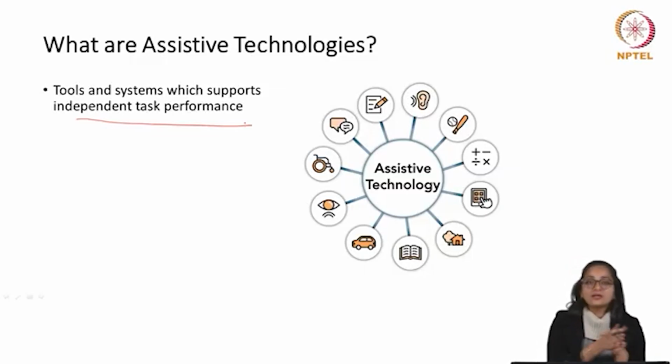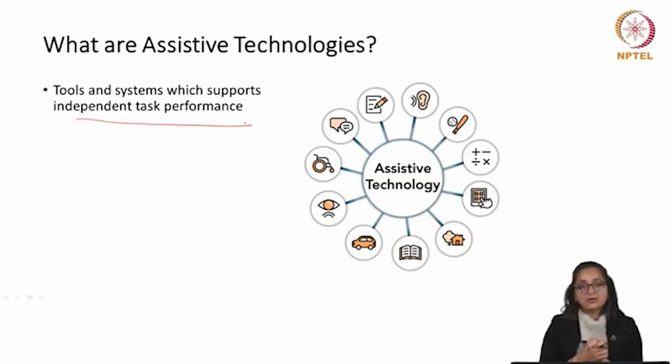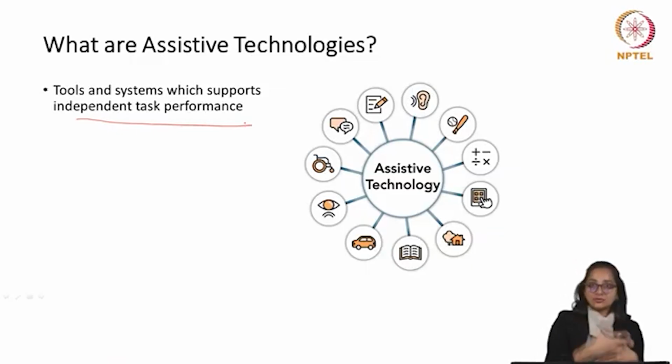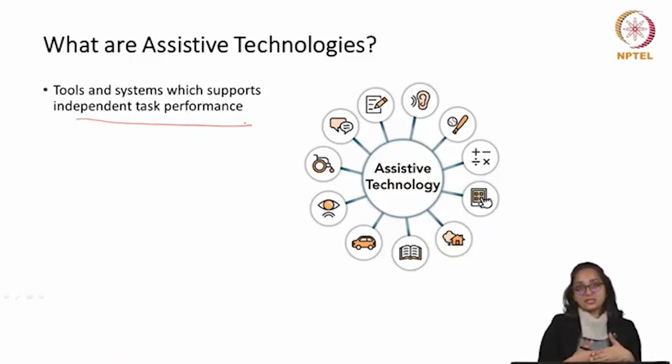So he was dependent on that human being in order to get real-time information, and he was not able to access the information of that war independently, right? That is where the role of an assistive technology comes in.